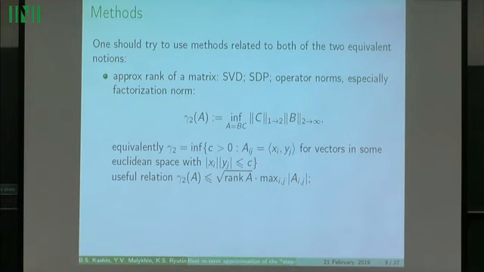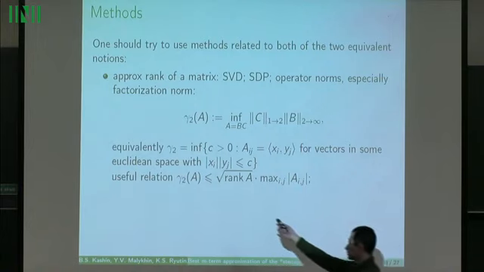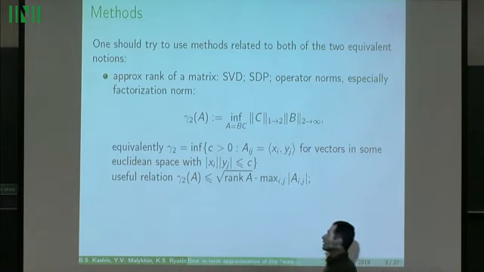I try to find a system of vectors x and another system of vectors y in the same Euclidean space of some unknown dimension, in such a way as to minimize all possible products of their norms. This gamma 2 norm is very popular in this kind of research, and there is a very useful relation. I wrote it here, which will be important for us.